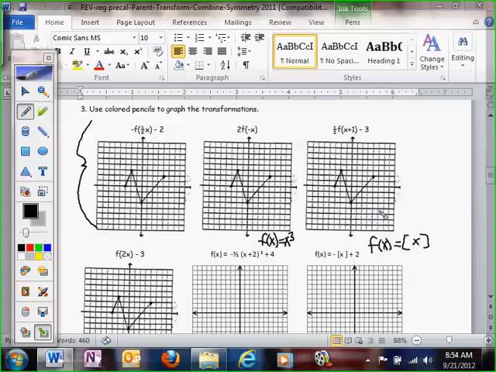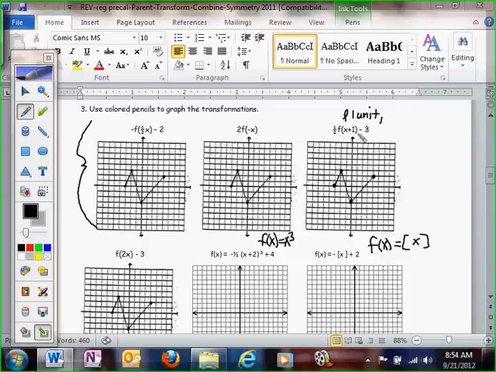These up here, you just take this function, what you're already given. As a matter of fact, I'm going to do this one. We have these 4 ordered pairs, and we want to take this function and transform it like this one. This means that, and I'm going to go in order, inside parentheses first, we're going to go left 1 unit, and then we're going to multiply the y value.